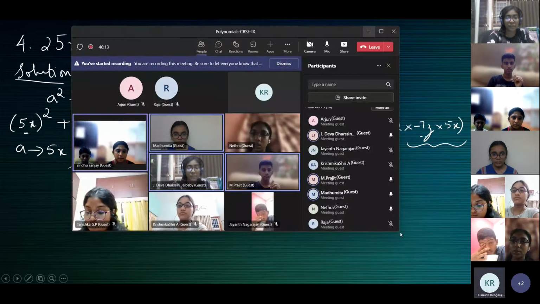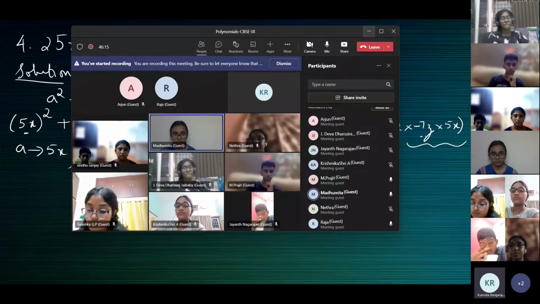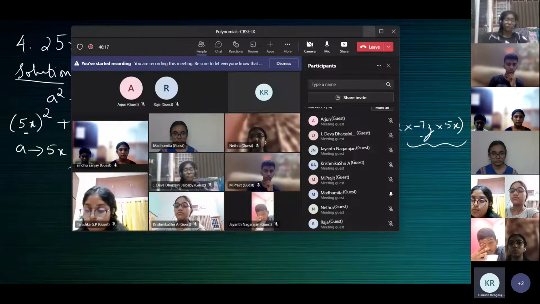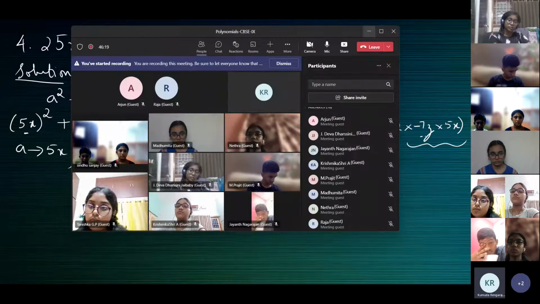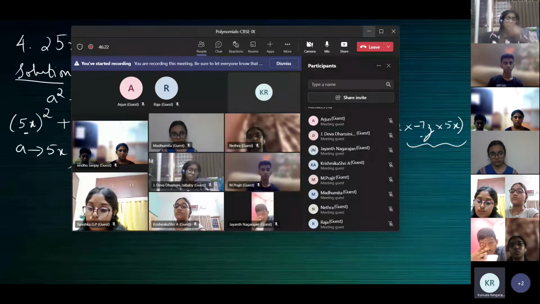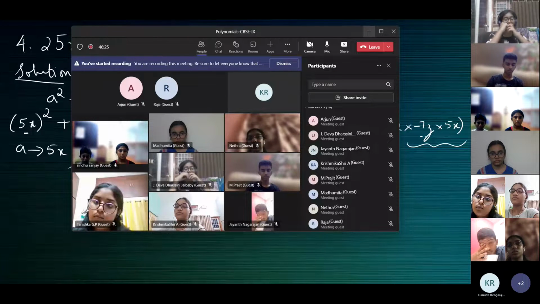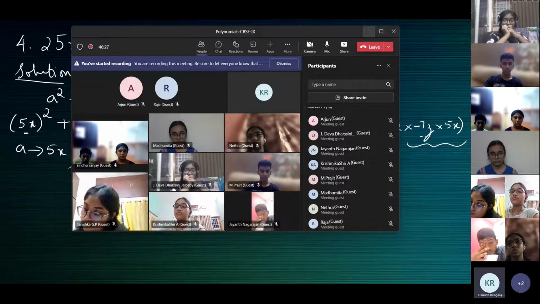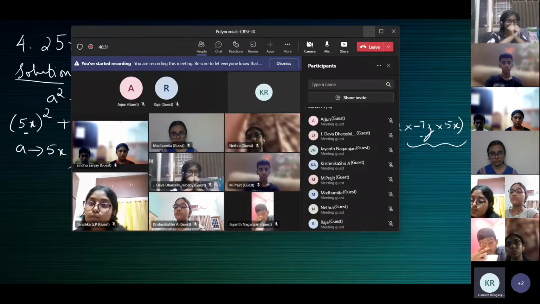Yes, ma'am. Whenever we use an identity to factorize, any one side of the identity will be the question, and the other side is the answer. If the LHS is the question, the RHS is the answer. If the RHS is the question, the LHS is the answer.